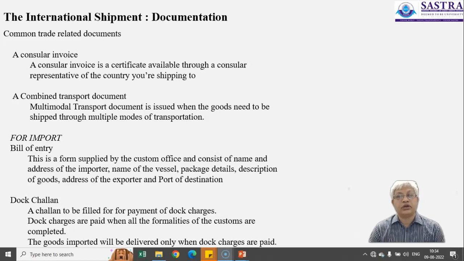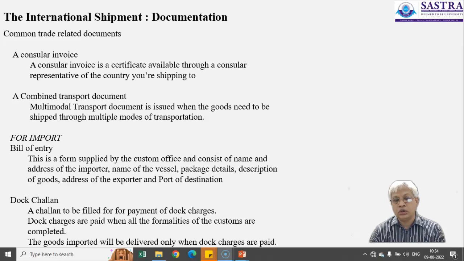Now, we'll look at further documents, which is a consular invoice. A consular invoice is a certificate available through the consular representative. Let's say a supplier in India, maybe from Bombay or any other city, is shipping the goods to his customer in Europe, maybe in the UK.